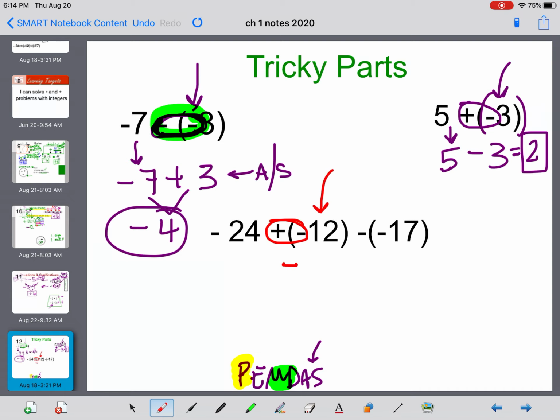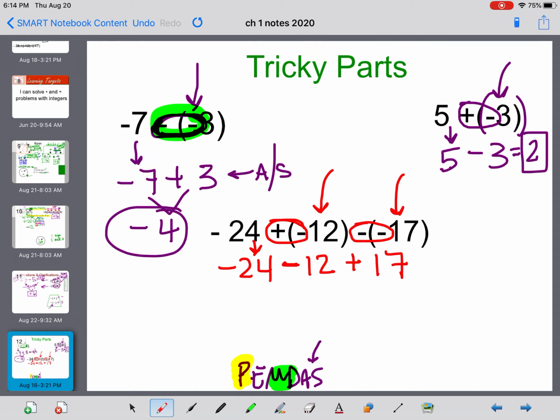That's no good. I don't want that. So positive times a negative gives me a -12. And then the very next parentheses over, I'm all done with that part, is here's another double sign. So I'm going to simplify that down and make that a positive 17. And then the last thing I'm going to do is just drop down the -24, because it doesn't have parentheses. I haven't done anything with it yet.